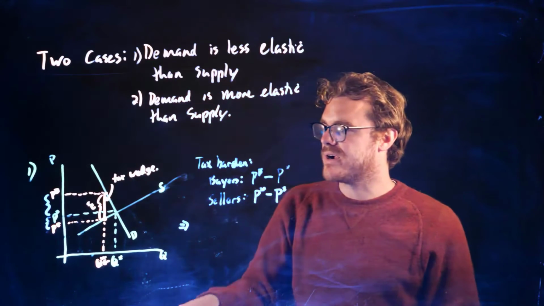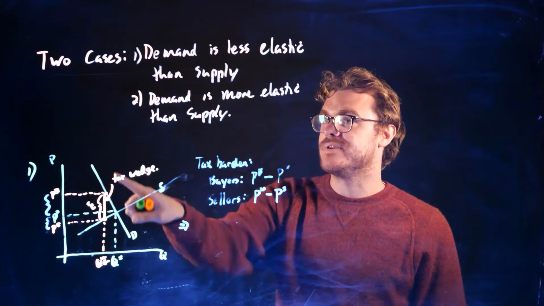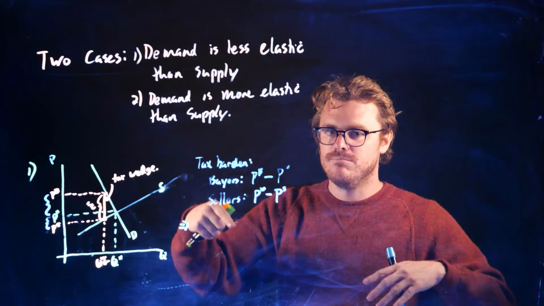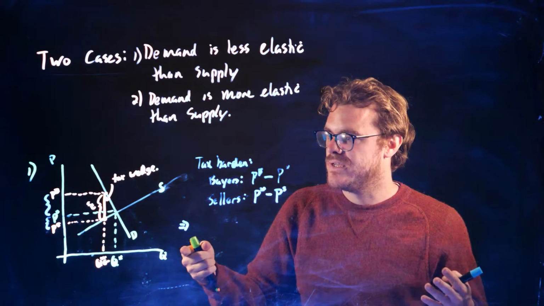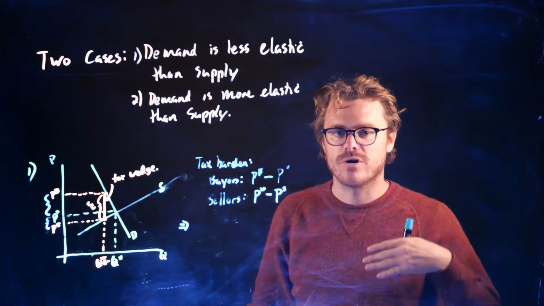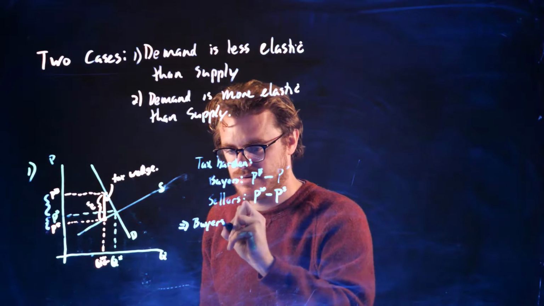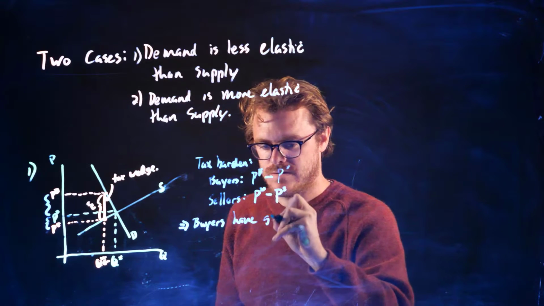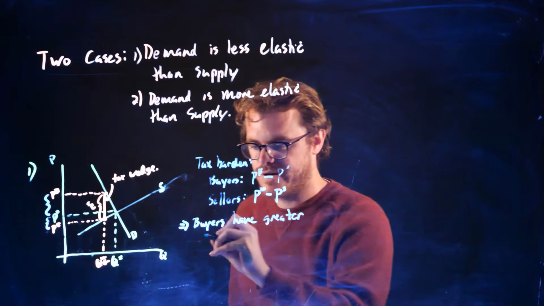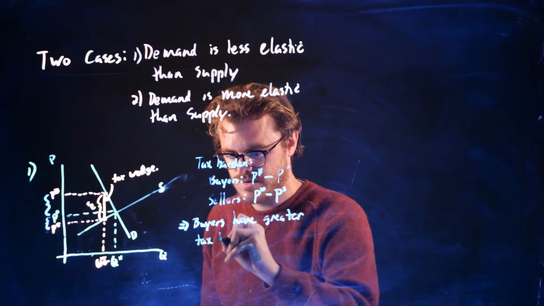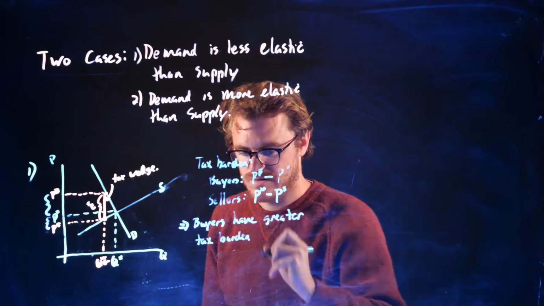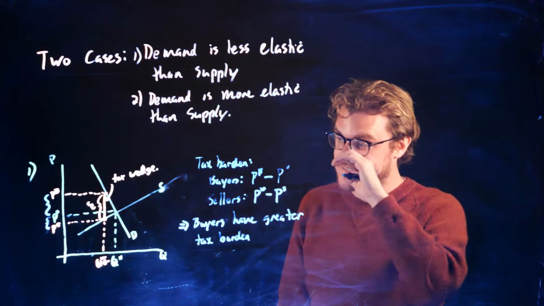So in the case where the demand curve is less elastic or more inelastic, the buyers are going to have a greater tax burden. They're paying more of the tax than the sellers are.